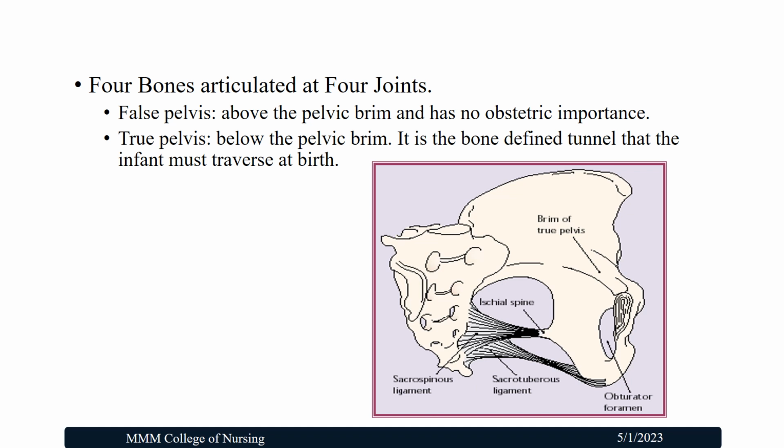Whereas the true pelvis, below the pelvic brim, is a bony tunnel that the infant must traverse at birth. This is the main part through which the baby will travel. Here the bones adjust in order to encourage smooth parturition.